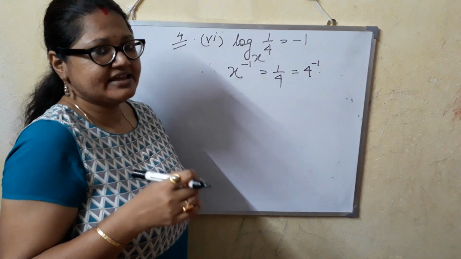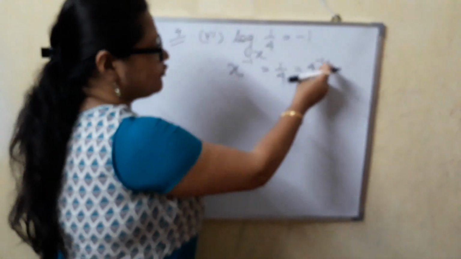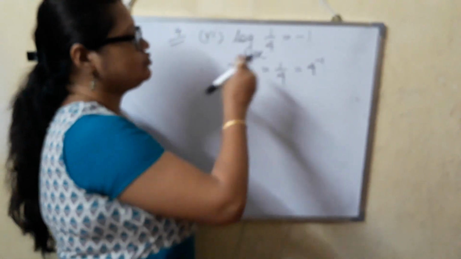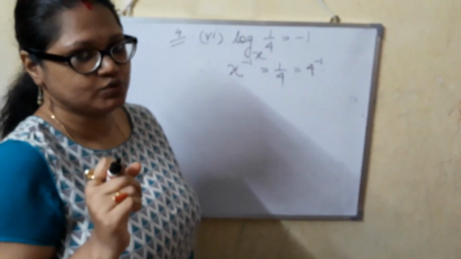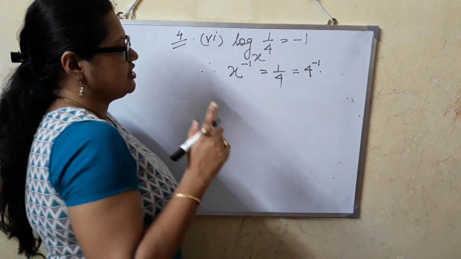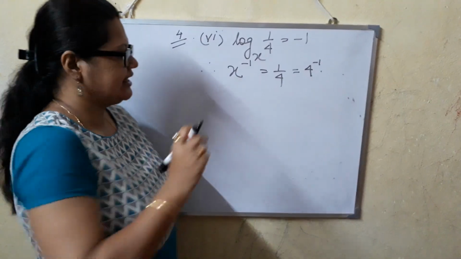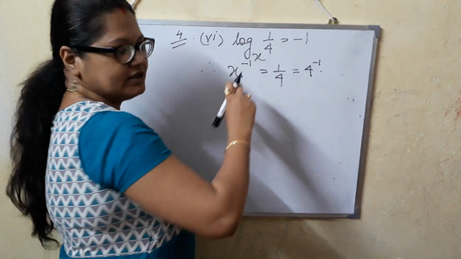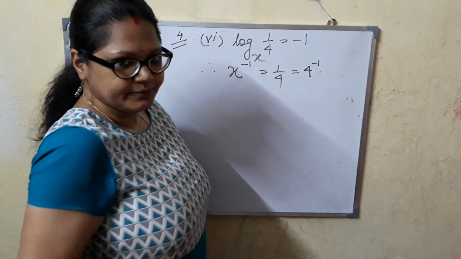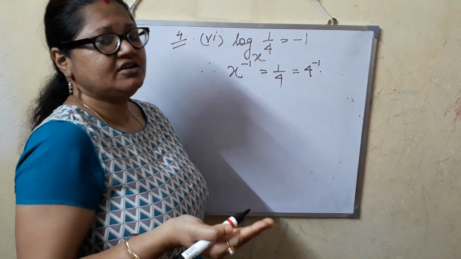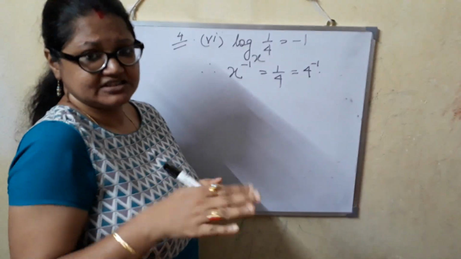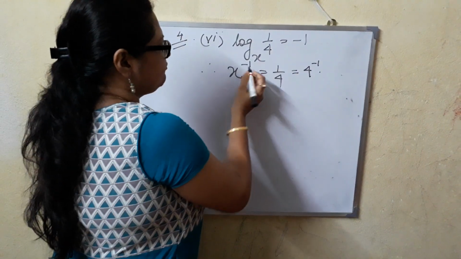Now, you can tell me, Miss, why did you apply 4 to the power of 1 instead of applying 2 to the power of minus 2? This is because if bases are equal and both the sides are equal, that means the powers will be equal. Just when we think in a very converse way, I mean that's the opposite way.